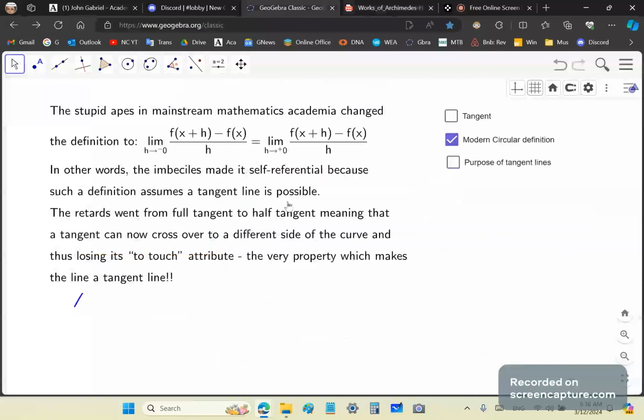So they're assuming that there is a parallel chord to get to this definition, but they're too stupid to understand that. They went from full tangent to half tangent, meaning that a tangent can now cross over to a different side of the curve, thus losing its chief attribute, which is to touch, okay?